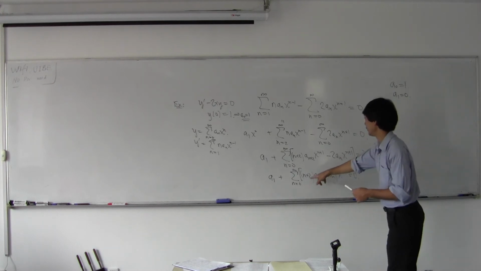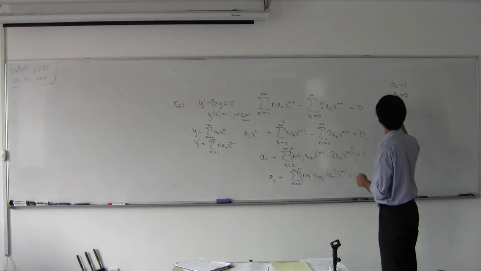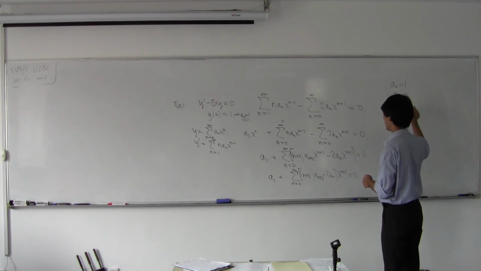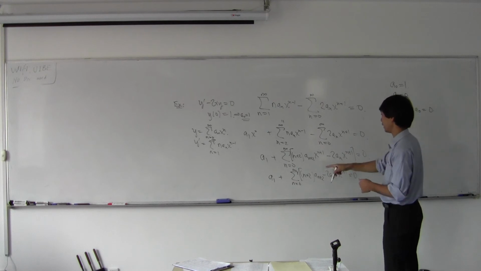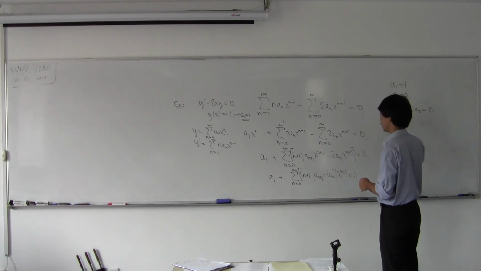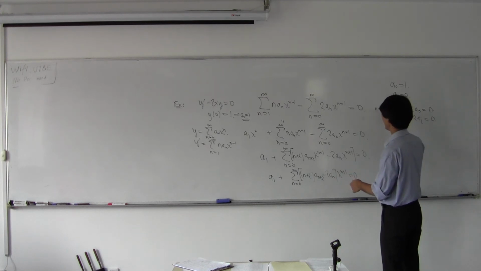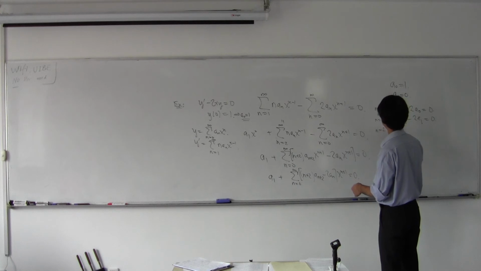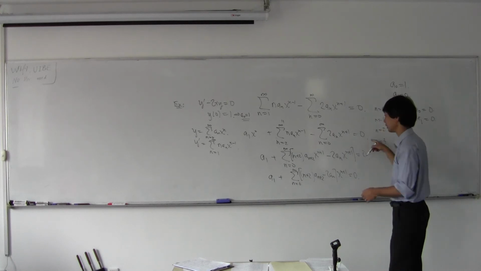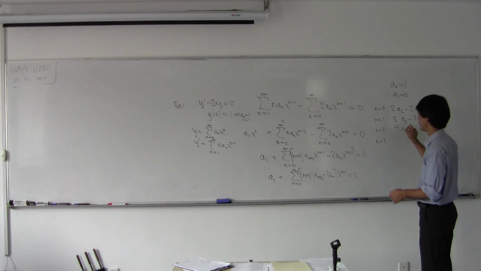And then what we have is when n equals 0, we get 2 a sub 2 minus 2 a0 equals 0. When n equals 1, we get 3 a sub 3 minus 2 a1 equals 0. And so on for n equals 2, n equals 3, etc. When n equals 2, we get 4 a sub 4 minus 2 a2 equals 0.